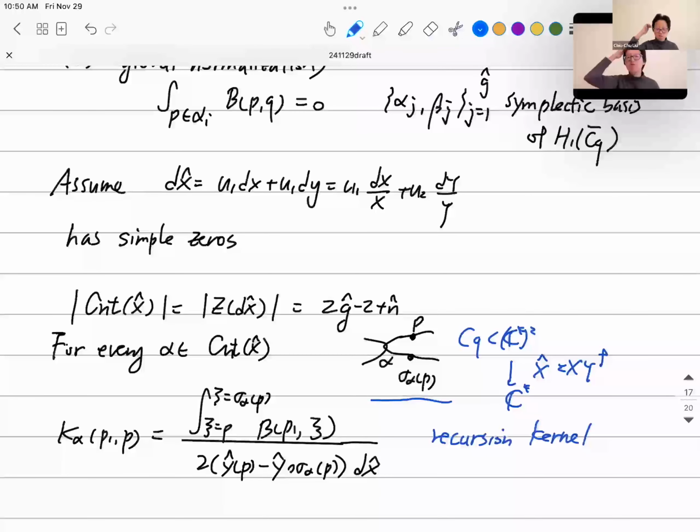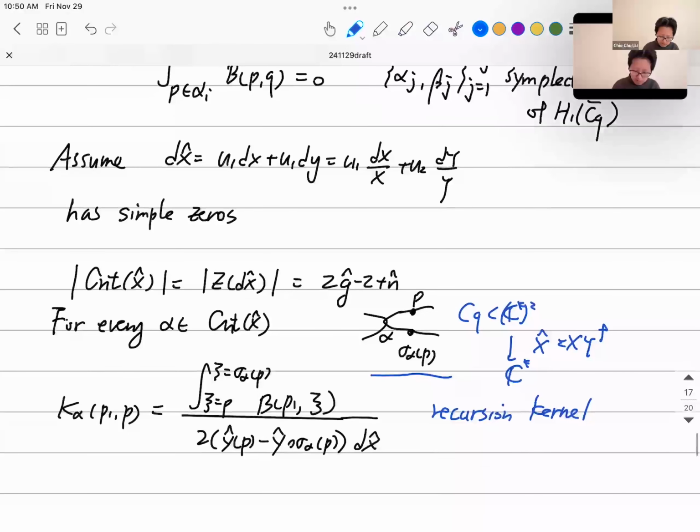So now for each critical point alpha, near this we have 2 branches. So for each alpha, we have this recursion kernel, which is constructed from the fundamental bidifferential.